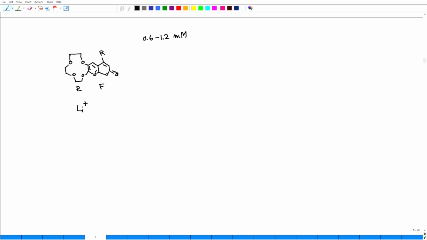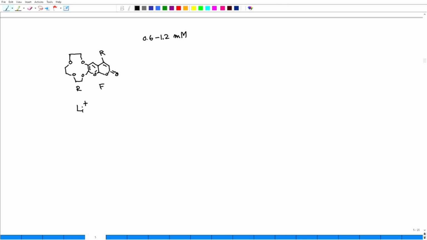So, we can show these are lithium selective. So, what is the problem of the chemist? The chemist's problem is to design a receptor specific for specific analytes.